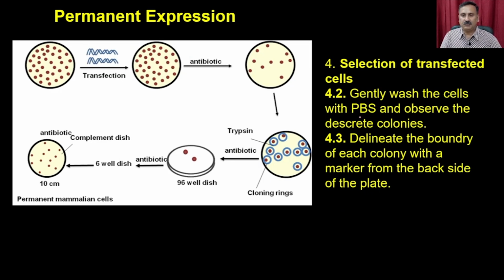Then you gently wash the cells with PBS and observe the discrete colonies. These are transfected cells, and they do not die even with the antibiotic, because the vector provides them the resistance.